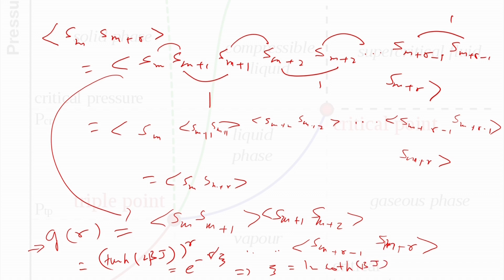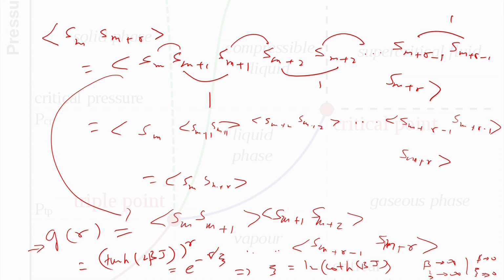So this is the definition of the correlation length, and you can see that at very low temperatures the correlation length is infinite. At very low temperature, when beta tends to infinity, xi also tends to infinity, and when beta tends to 0, which is very high temperature, then the correlation length also becomes 0.